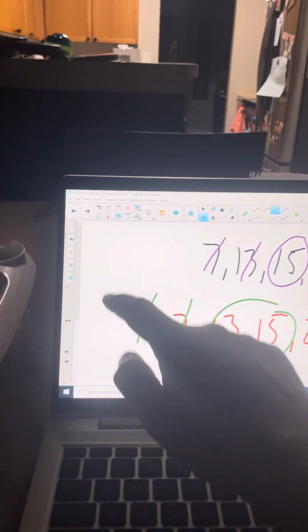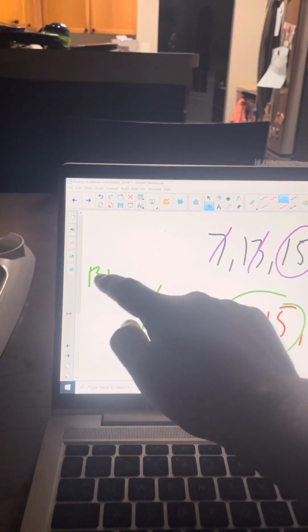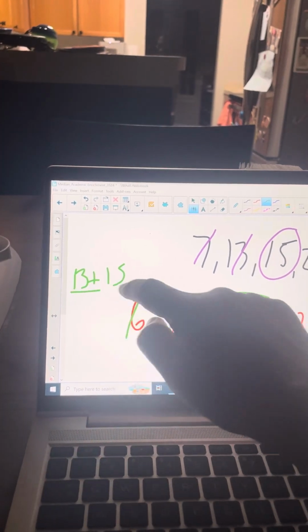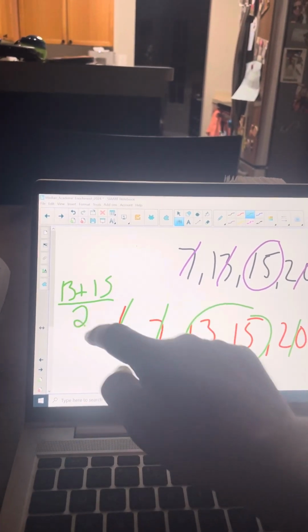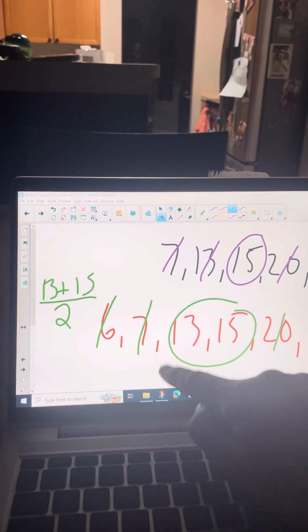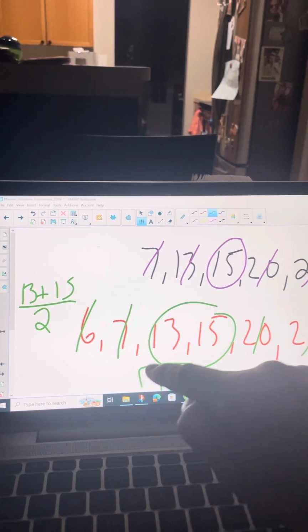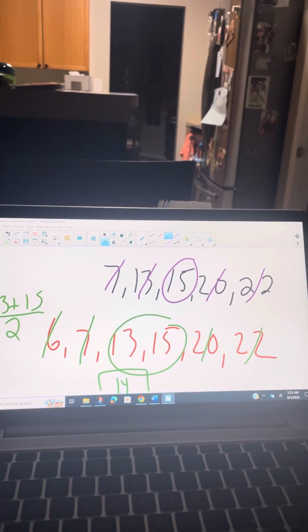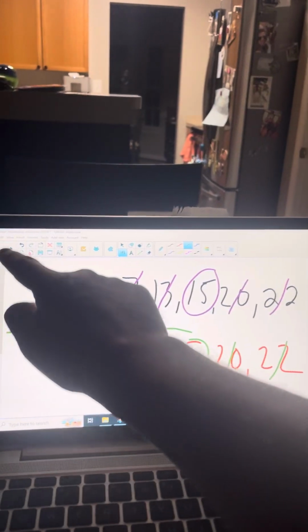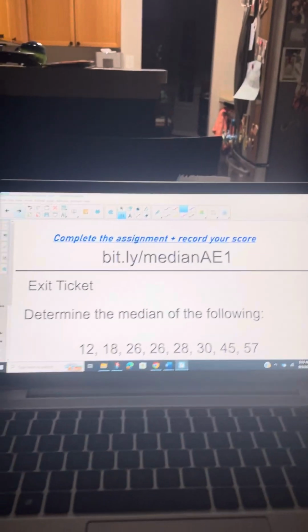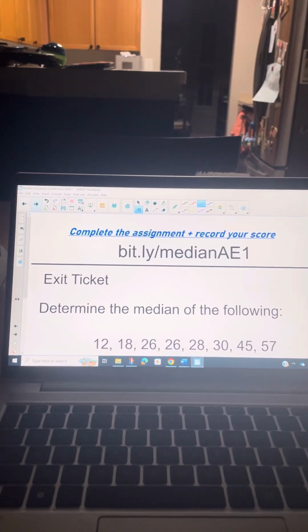And when you have 2 numbers left in the middle, you add those 2 numbers up. 13 plus 15 is 28. 28 divided by 2 gives you a median of 14. Just 1 extra step.